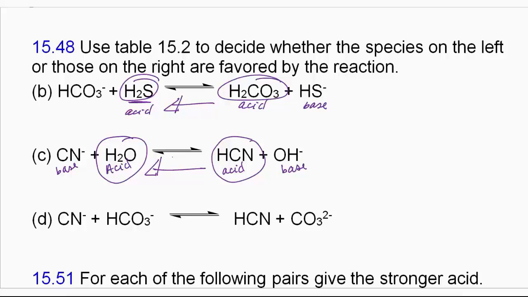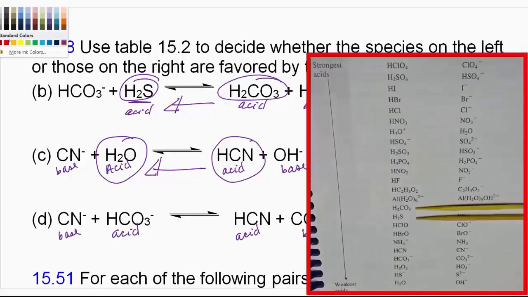So find your two acids. I could probably start with hydrogen cyanide. It's fully protonated, so I know that has to be an acid. Its conjugate has to be over here. Cyanide has to be acting like a base. That means hydrogen carbonate has to be acting like an acid, and its conjugate will be acting like a base. So let's compare the two acids.